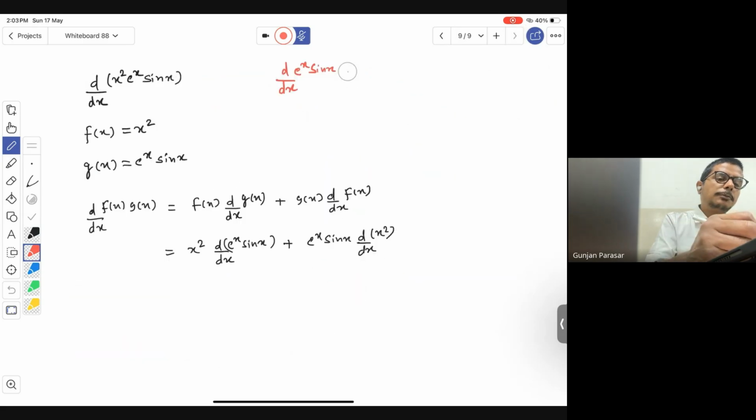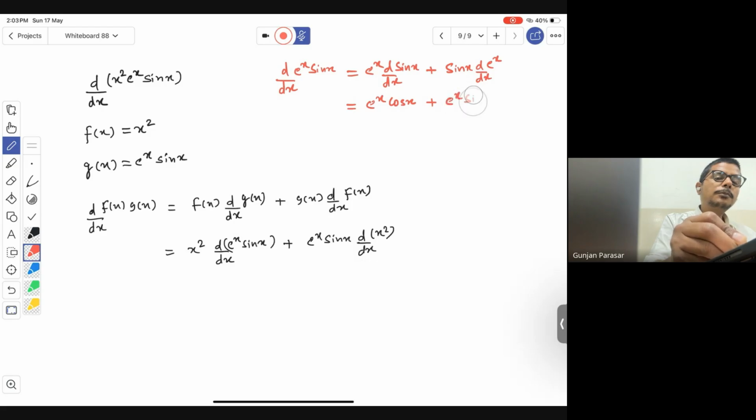So it will be e power x into dy by dx of sin x, then sin x into dy by dx of e power x. So dy by dx of sin x is cos x, so e power x into cos x. Dy by dx of e power x is e power x, so that will become e power x into sin x. I can write it down as e power x into cos x plus sin x.